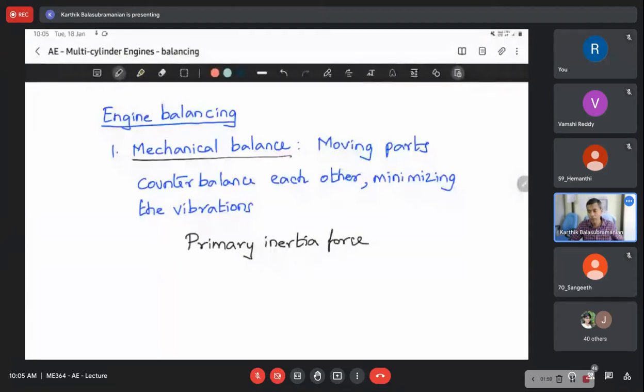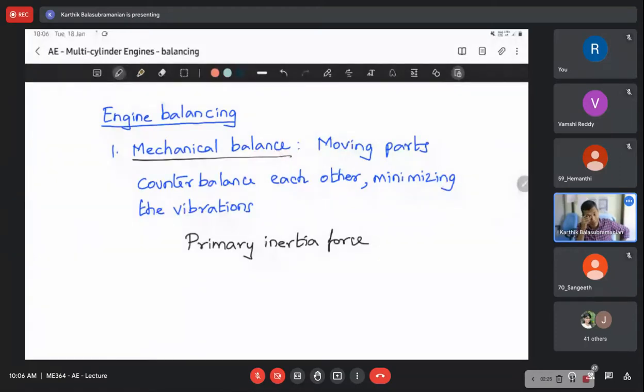What is the primary imbalance or primary inertia force that is there in an engine? The components that are at rest, like the initial force required to overcome that. Yeah, that is okay. But we are talking about imbalance. So, in terms of imbalance, what are the primary inertia forces? Imbalance forces.